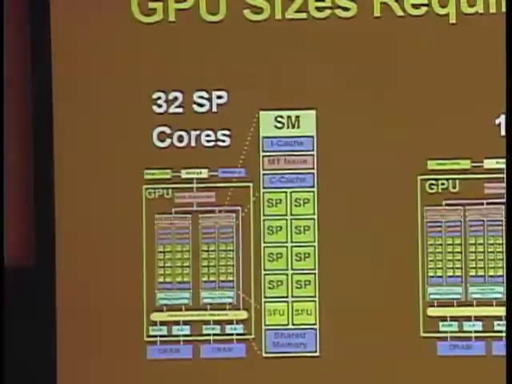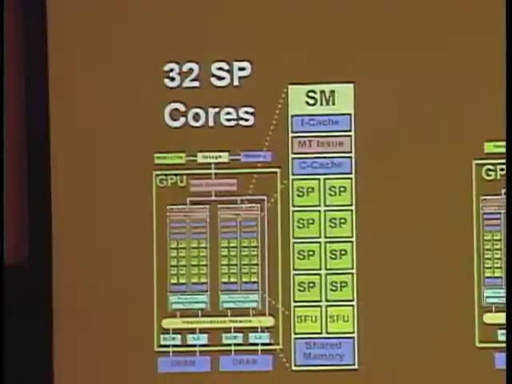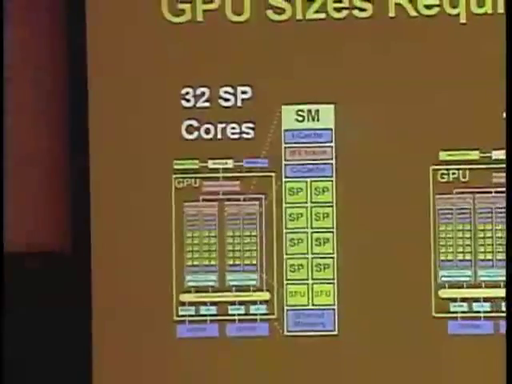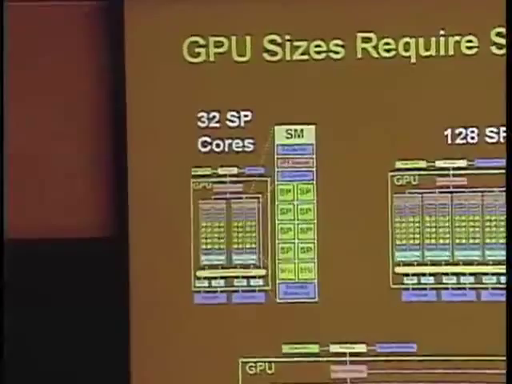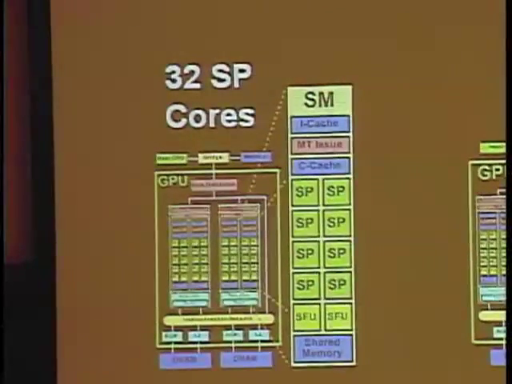Each of those cores is multi-threaded. Each of those SP cores runs 96 threads. So now you're talking a fair amount of parallel thread activity, right? Just to fill up one of these little puppies, you need 3,000 threads, something like that.